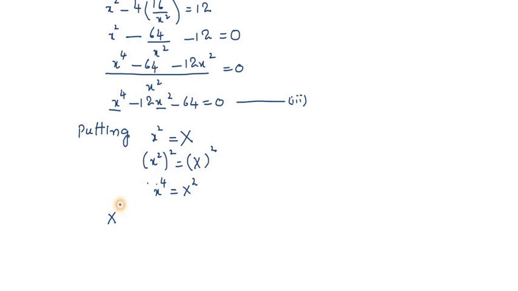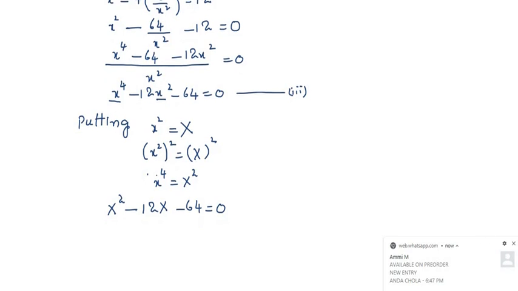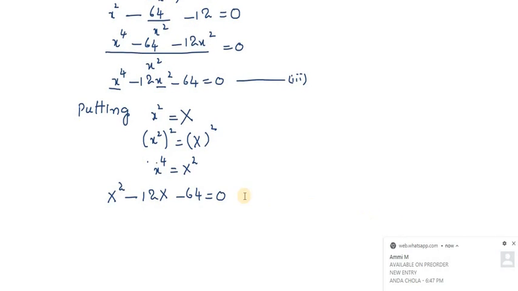Capital X square minus 12 capital X minus 64 is equal to 0. So here this will be a quadratic equation, and we can solve it by breaking the middle term and factorizing, or otherwise we use the quadratic formula for getting the value of X.